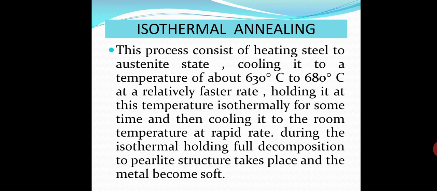First you have to heat to austenite state. After that you have to cool it to 630 to 680 degrees centigrade at a relatively faster rate. And once it achieves this temperature, hold it at a constant temperature, that is isothermally, for some time, then cool it to room temperature at a rapid rate.